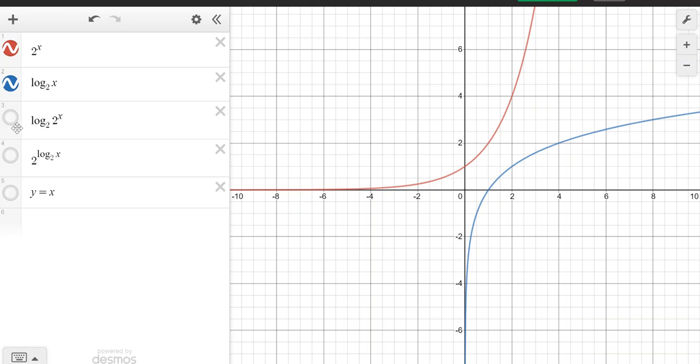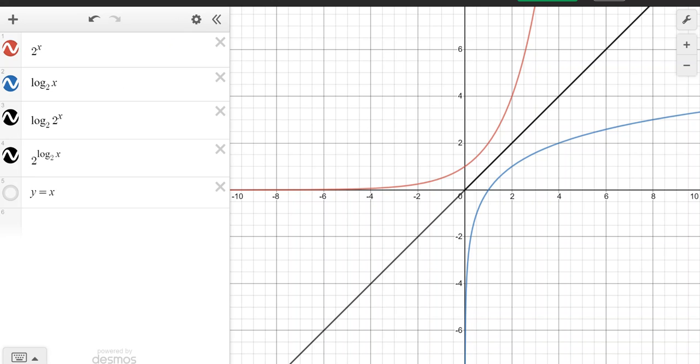And when I compose these with each other, these are the two properties that we just looked at. Log base 2 of 2 to the x will just be x. We're on that line y equals x. Similarly, 2 to the log base 2 of x is there. It's the same line.